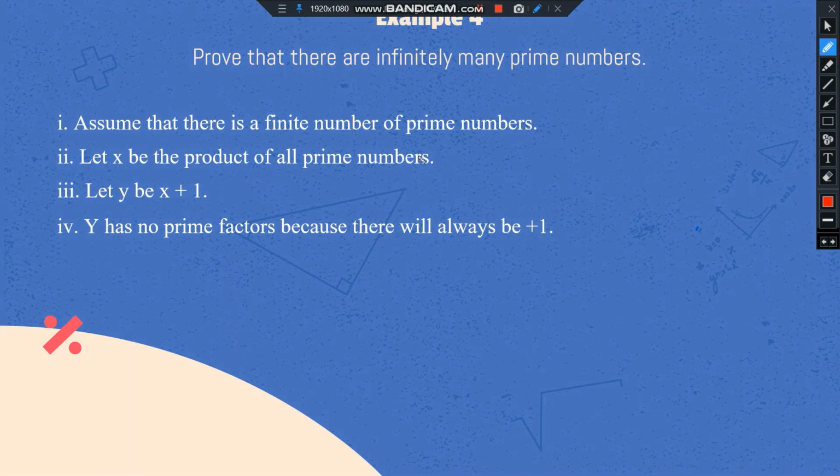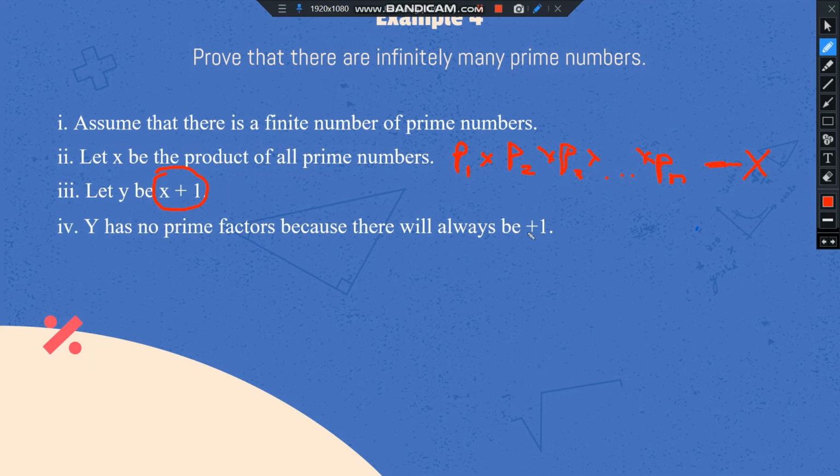So in fact, x is equal to a prime number p1, times p2 times p3, all the way until some certain prime number, and this is equal to x, and then y is simply x plus 1.